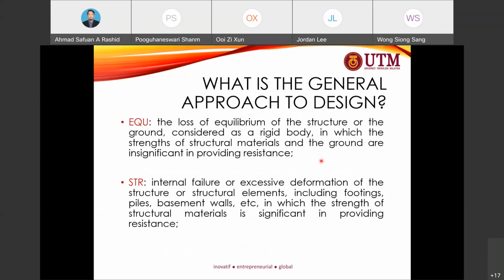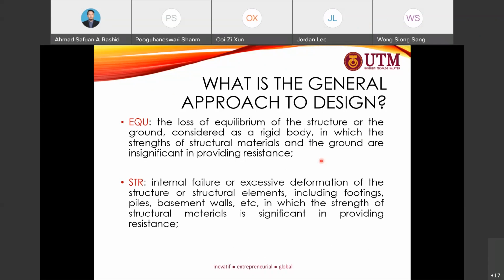The first one is EQU, the equilibrium: loss of equilibrium of the structure or the ground, considered as a rigid body in which the strength of the structure material and the ground are insignificant in providing resistance. Then the second one is STR, internal failure or excessive deformation of the structure or structural elements, including footing, pile, basement wall, in which the strength of the structure material is significant in providing resistance.